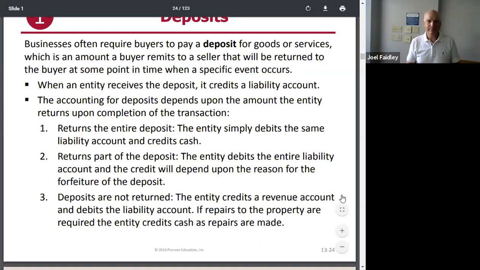Because of that, the municipality code in Tennessee allows for companies like BTES, which is Bristol, Tennessee Essential Services, not electric, but essential services, which includes electric and cable. They're allowed to require a deposit going forward.